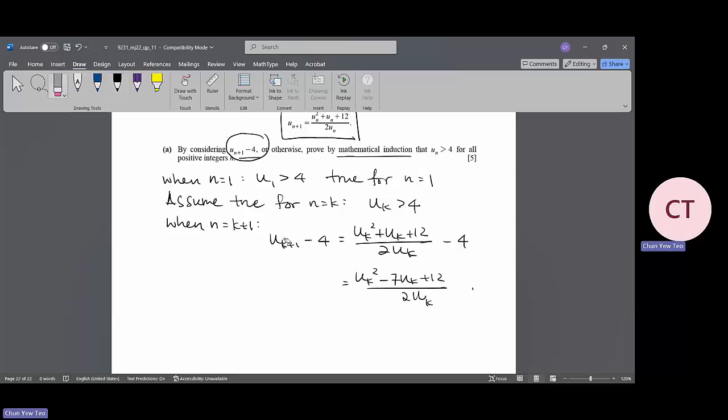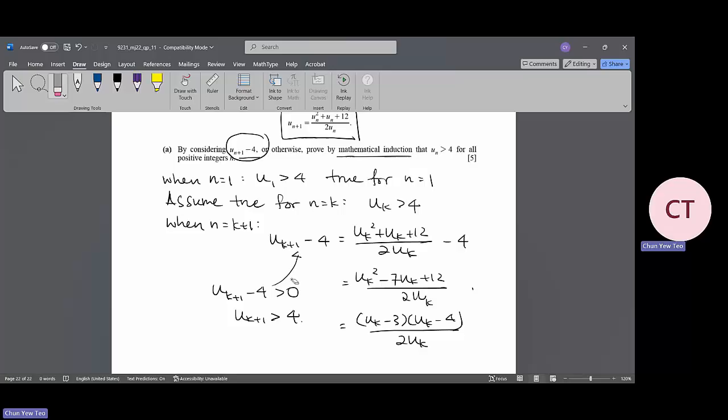Okay, so over here, we can see that we actually can factorize it. What is our target? We're actually hoping to show that uk plus 1 minus 4 is greater than 0.